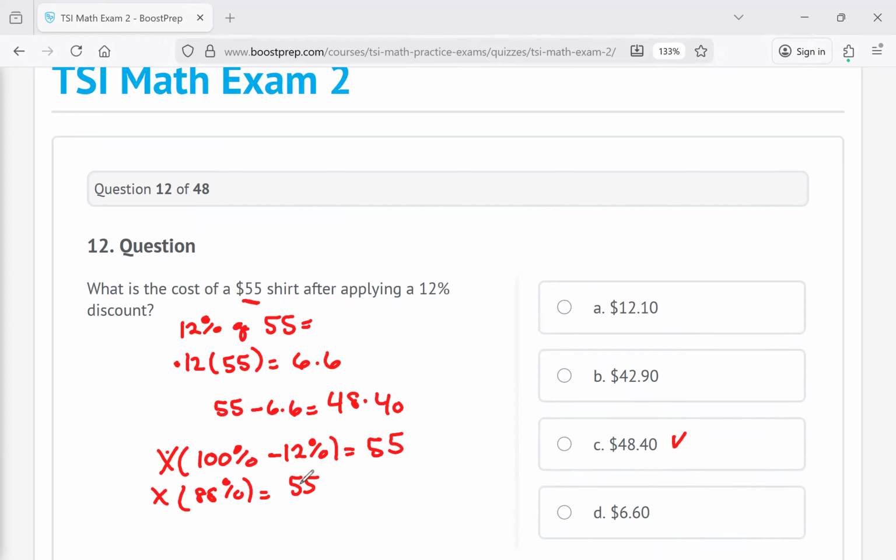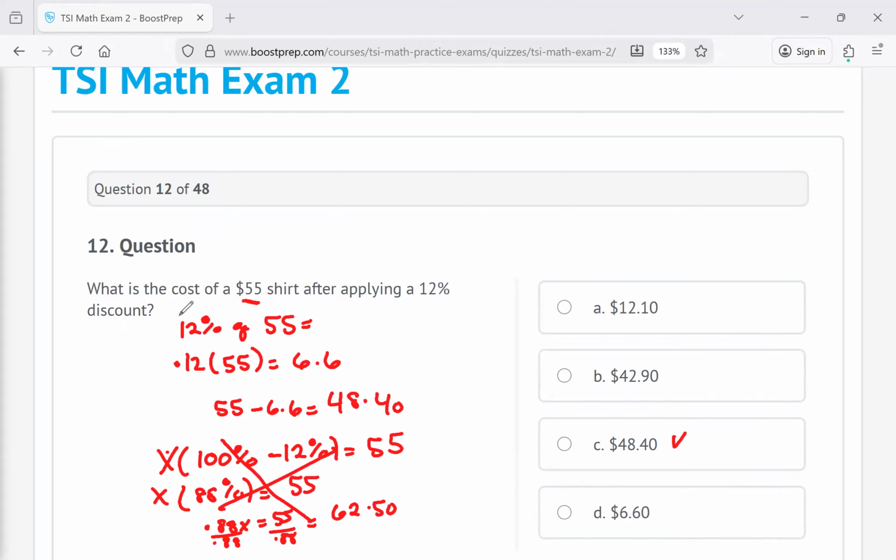Convert that to a decimal by moving it two places to the left, so it's 0.88x equals 55, and then solve for x by dividing by 0.88. That gives 62. Yeah, that's wrong. You can't do it this way. I don't know why I thought of that.